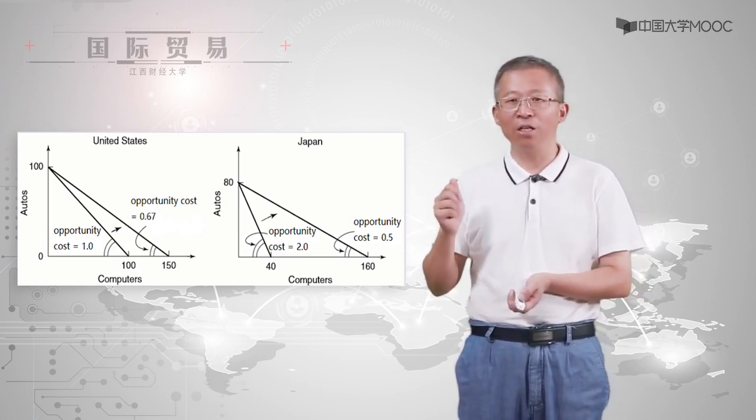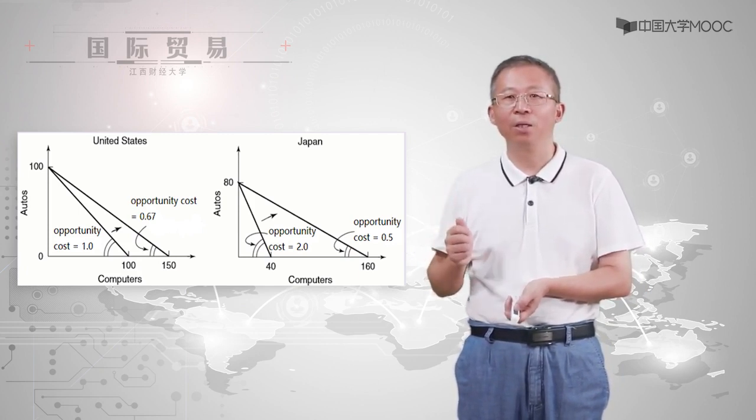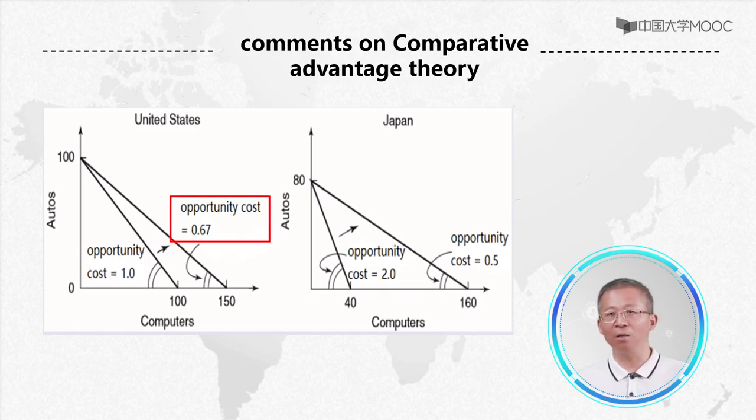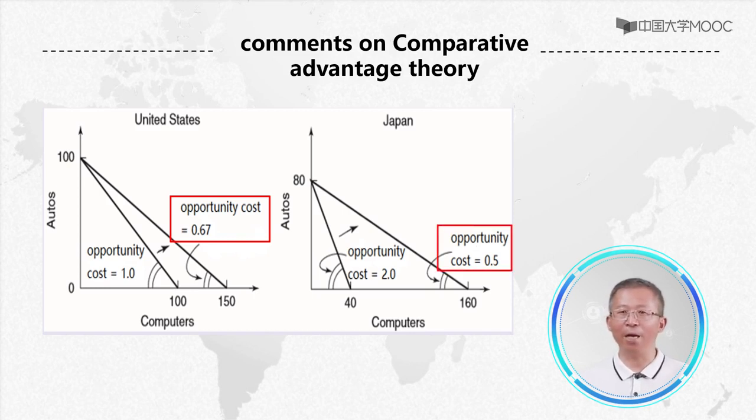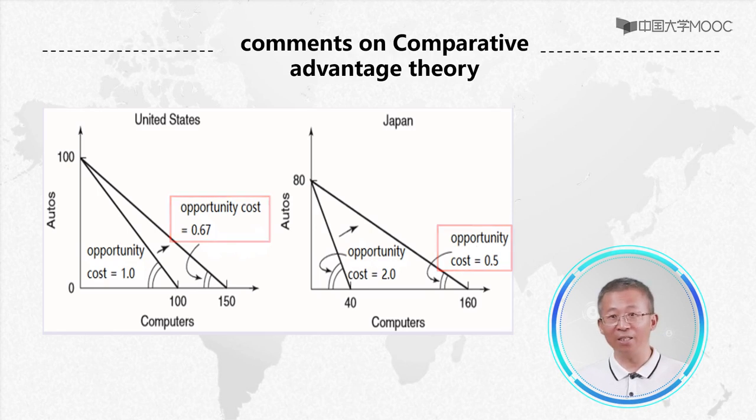Referring to the new production possibility schedules, the opportunity cost of automobiles in terms of computers equals 0.67 for the United States and 0.5 for Japan. The comparative cost of a computer in Japan has thus fallen below that in the United States.